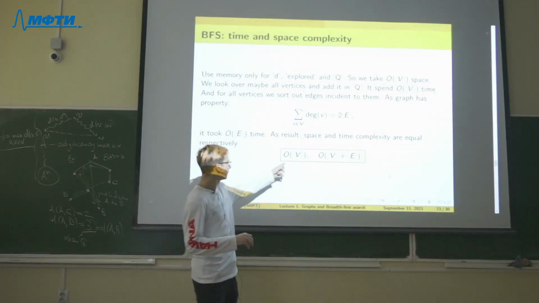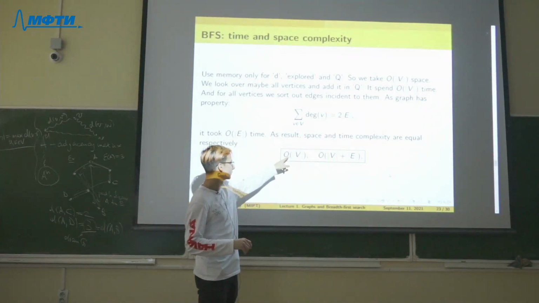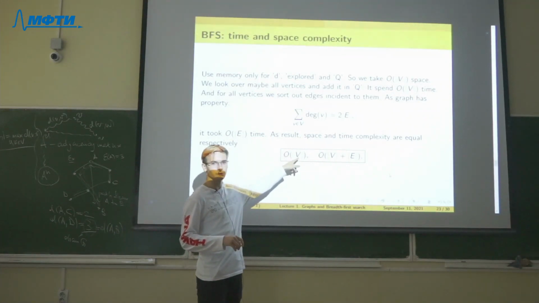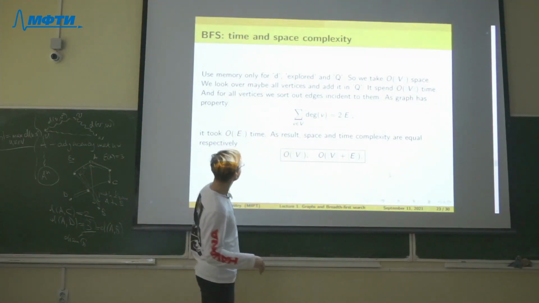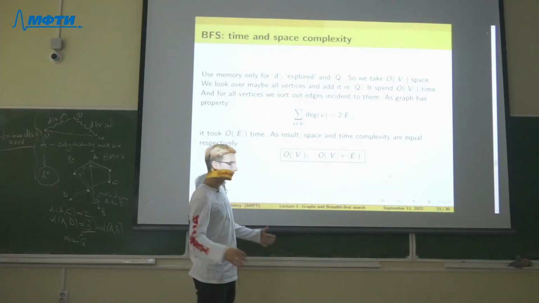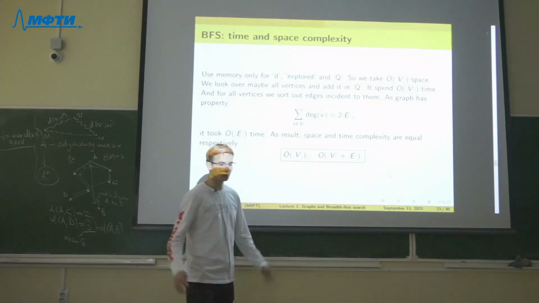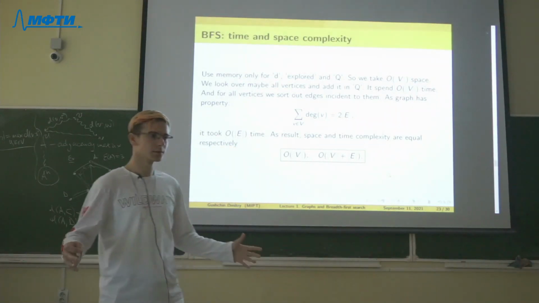So it's theta, of course, because at the start we initialize arrays that have constant length equal to the number of vertices.